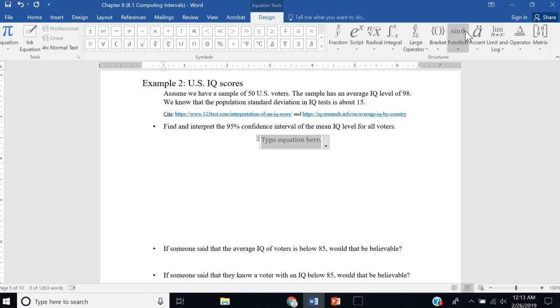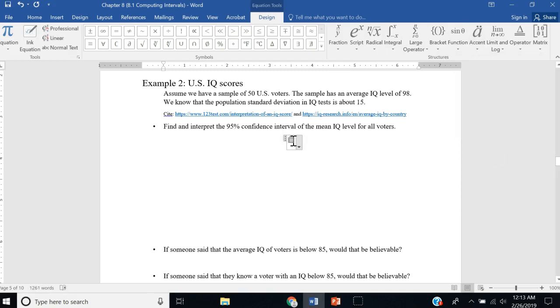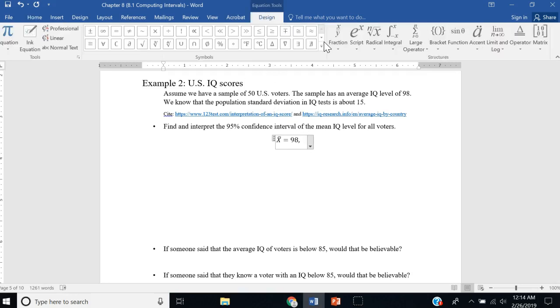Well, we know that my sample average is 98. My population standard deviation, it says, is 15. It says my sample size is 50.